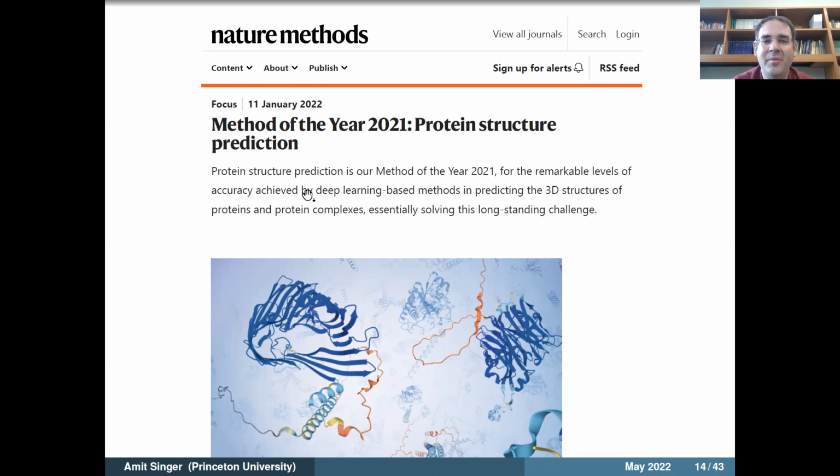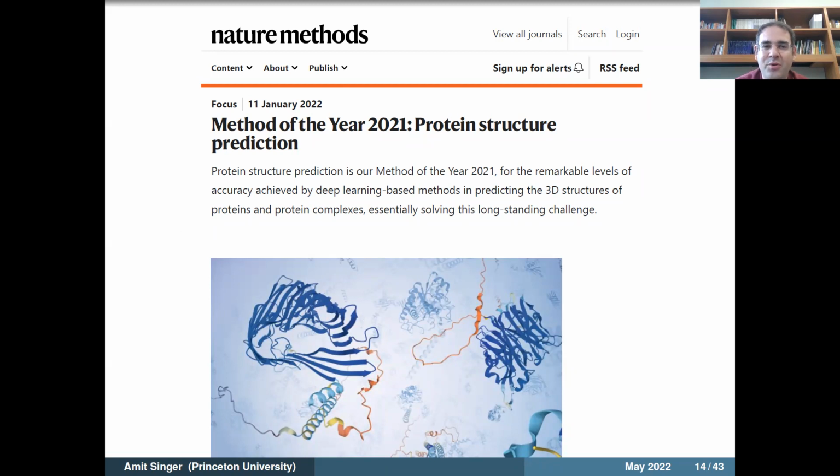These are basically deep learning-based methods for predicting 3D structures of proteins and protein complexes by training on many structures that have been determined using X-ray crystallography, cryo-EM, NMR, and so on.